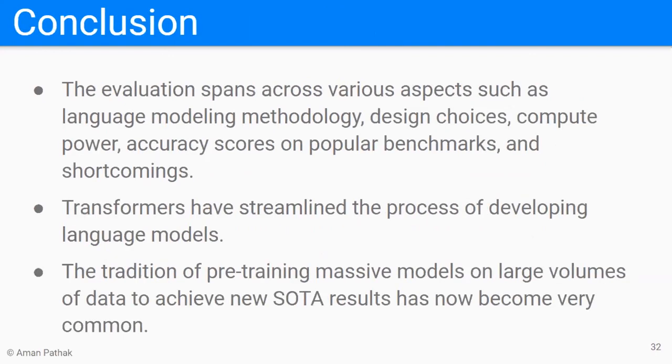We now arrive at the conclusion. The research spanned various aspects. We find that transformers have really streamlined the process of developing language models in the past 3 years. The tradition of transfer learning in NLP is new, and it has proven to be great, as it has been producing near-human accuracies on different benchmark scores.